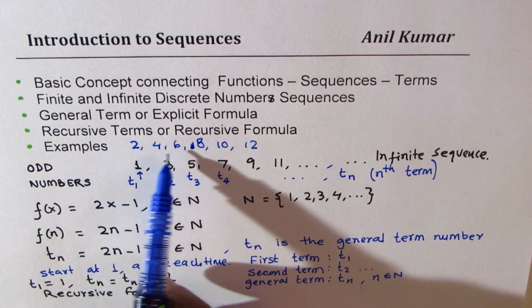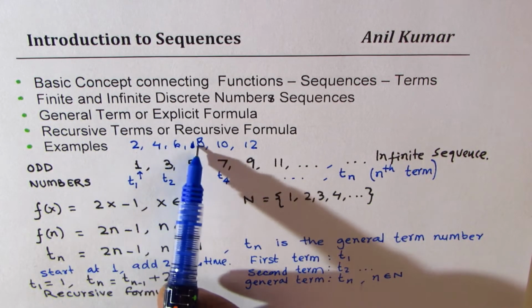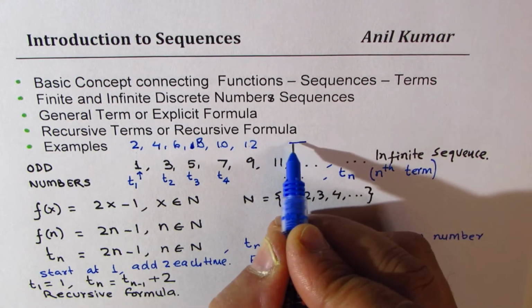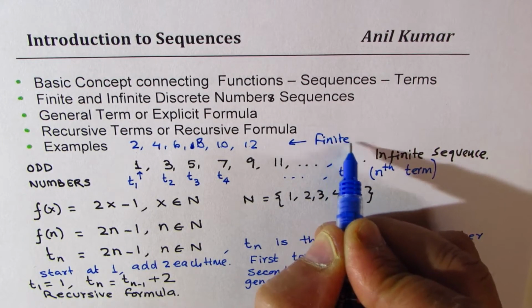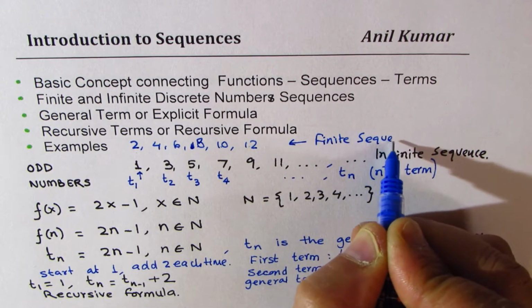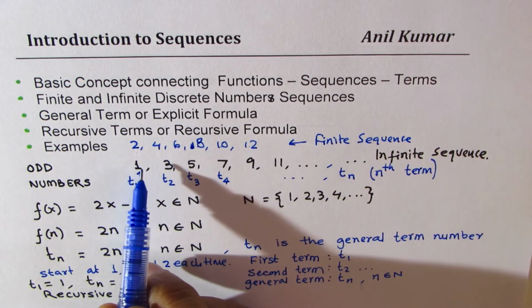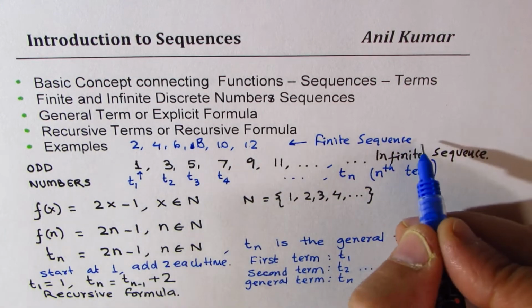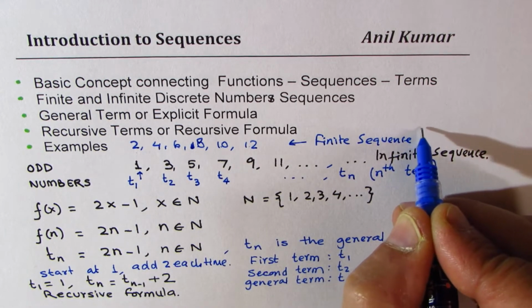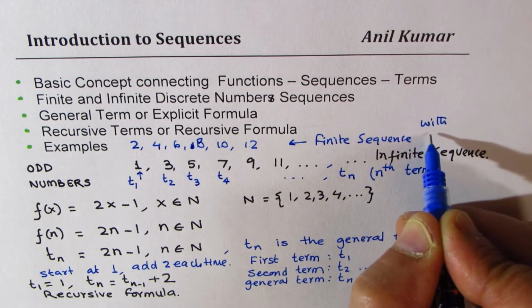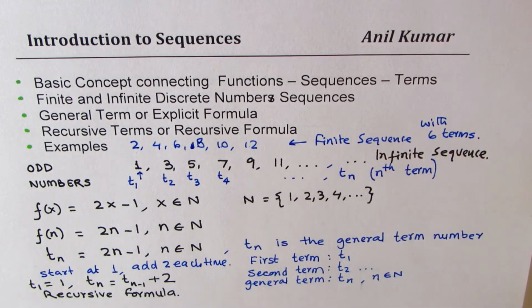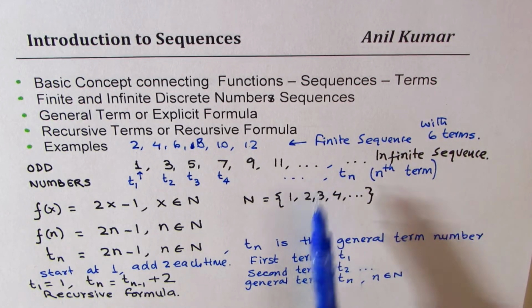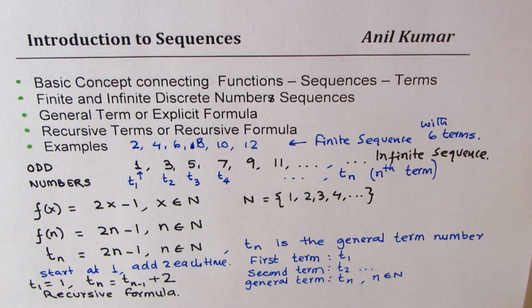So here we have a finite number of numbers: 1, 2, 3, 4, 5, 6. So here in this we have a finite sequence where we have only 6 terms. Right? So that is how finite and infinite is connected.